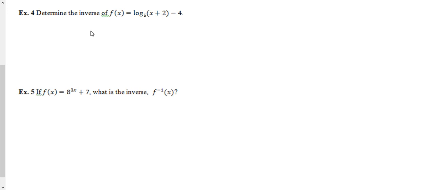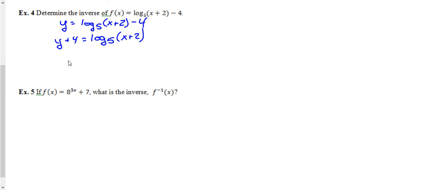So again, to figure out my inverse, I'm going to rewrite the equation. I have y equals log base 5 of (x plus 2) minus 4. Moving that 4 to the other side, I have y plus 4 now equals log base 5 of (x plus 2).